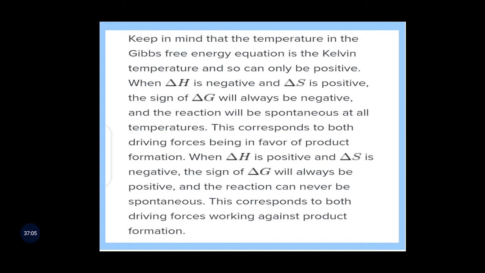Once you understand that table and you know the conditions that can make a reaction spontaneous, you should also know the conditions that make a reaction non-spontaneous. A spontaneous reaction will favor product formation, while a non-spontaneous reaction will not favor product formation. So take note.